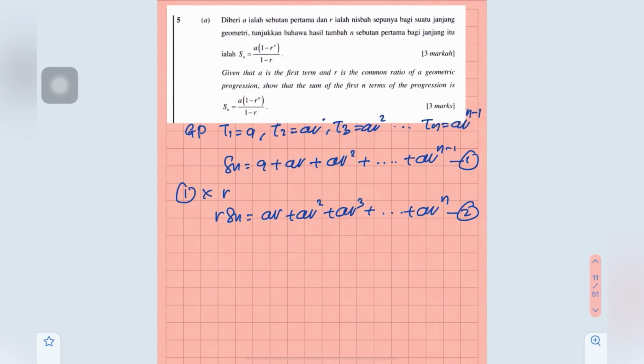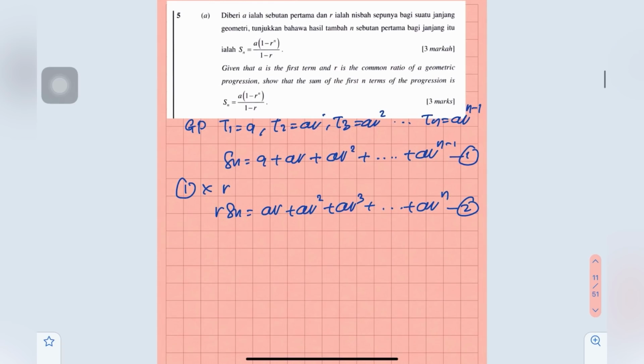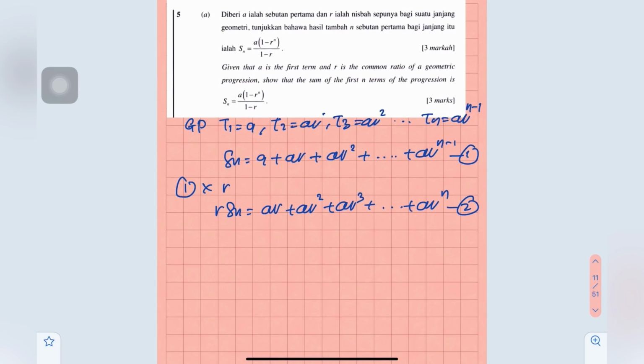Okay, equation 2. Okay, so then kita tolakkan equation 1 minus equation 2. So Sn minus r Sn. So a. Okay, ar dengan ar mati. This one tolak pun mati.